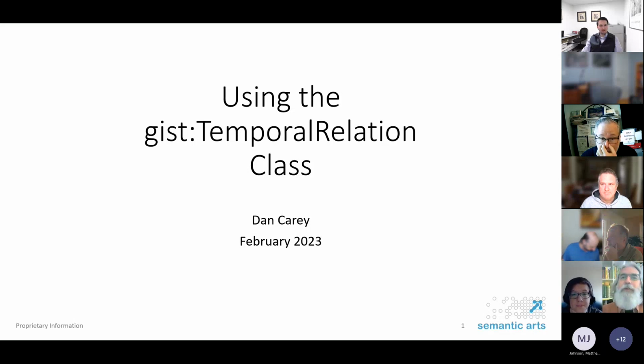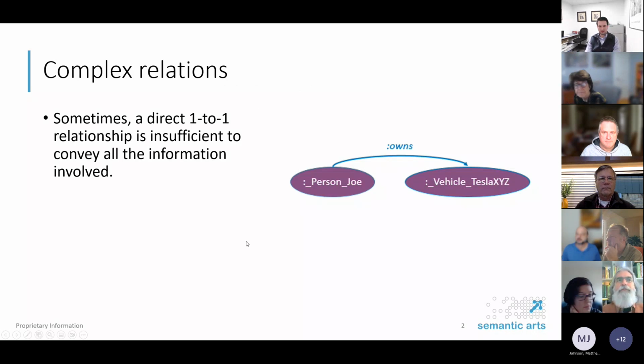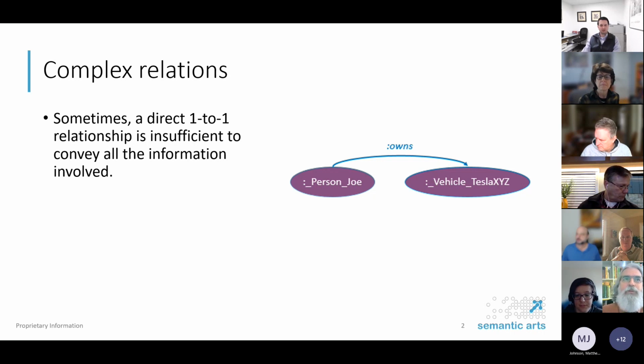So, all right. So we're going to dive into using the temporal relation class. Sometimes we'll have a direct one-to-one relationship between two things. That's just the way we're thinking of them in the real world.